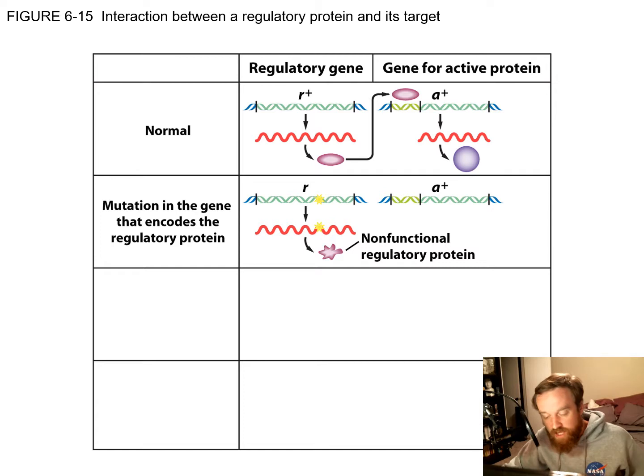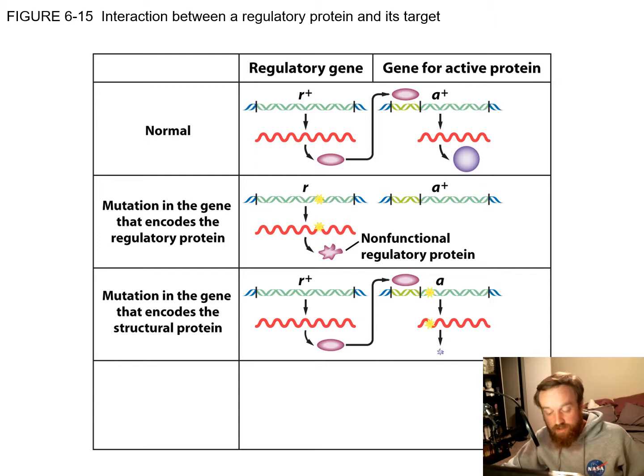Now, if we have a mutation in this first gene, R, and we no longer have a functional protein coming from R, we still get mRNA. However, the protein produced that was a transcription factor doesn't work anymore, and so it stops. Protein A is never made because it required that protein R was functional to make protein A.